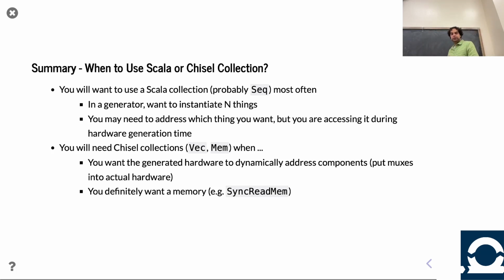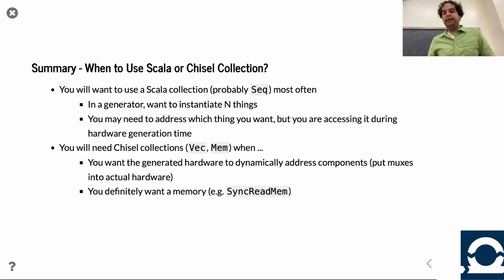If you're absolutely sure you want the indexing done in the hardware, then use a Vec or a Mem. It's going to actually put muxes in the hardware. Just because you want things in your hardware doesn't mean you can't and shouldn't use a Seq. It's the need to dynamically index into them that is why you need to use a Vec.